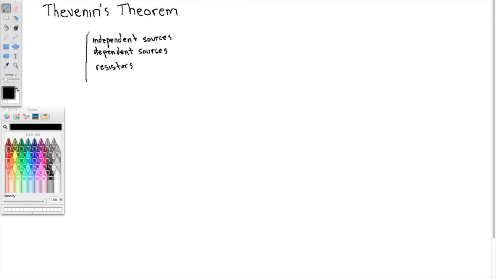I'll let you think about how all of these things are connected. Maybe just imagine some complicated circuit. This box represents that circuit.